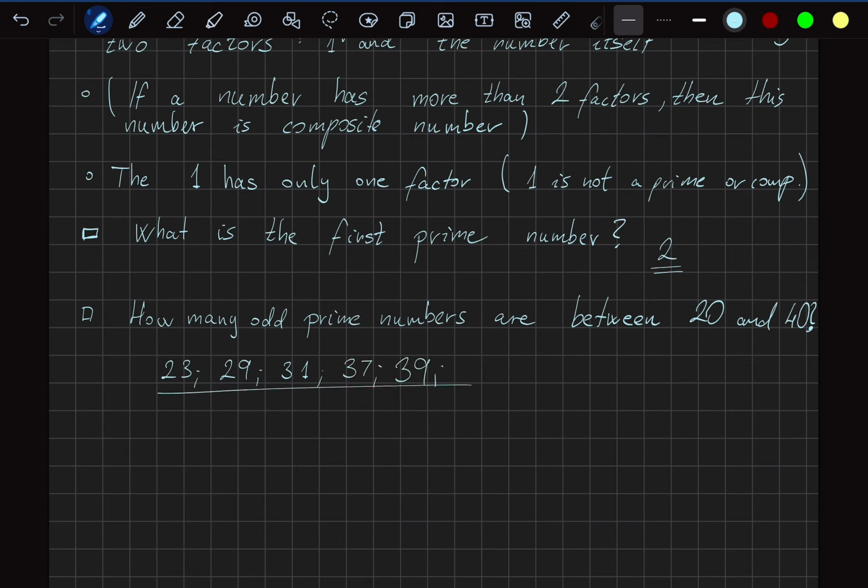These are the prime numbers between 20 and 40. I will check again. Yes, these are. Yes, okay.